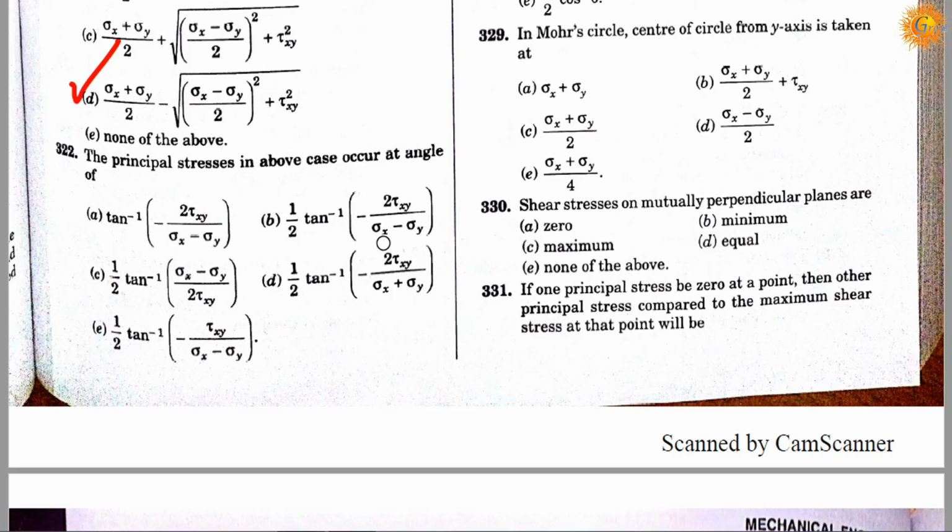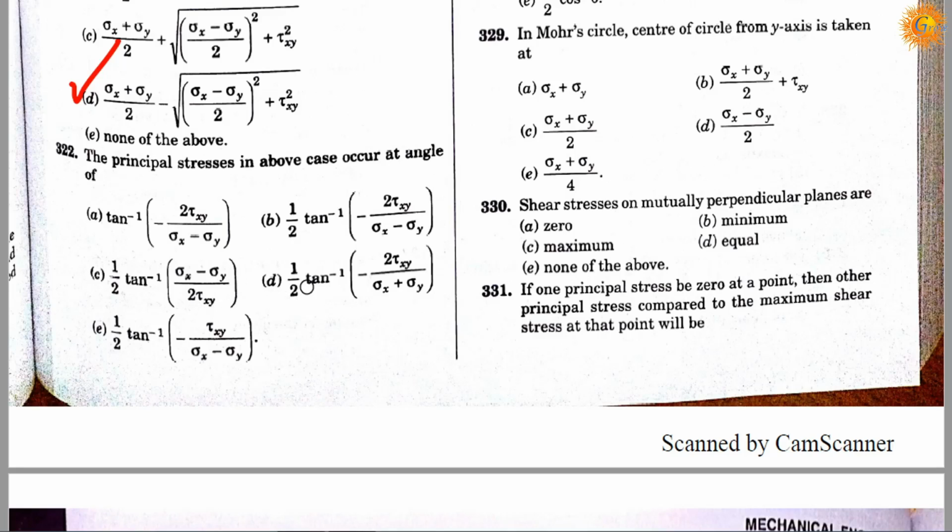In the small bracket sigma x minus sigma y. Option C is half tan inverse in the small bracket (sigma x minus sigma y) divided by 2 tau xy.